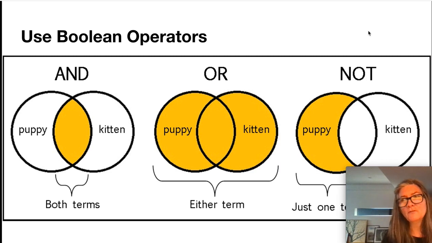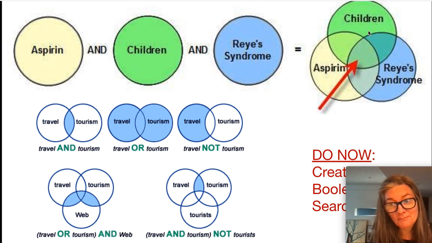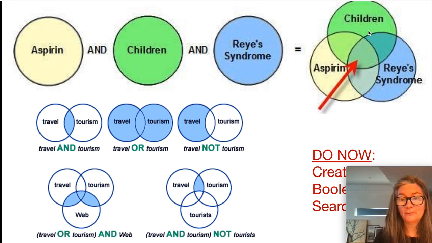So the most confusing one for people is usually the idea that AND is actually a narrowing Boolean operator. And you can use them in combination, so there's no end to the number of operators that you can use. So you can have three along the top here, pointing to the sweet spot right in the middle.